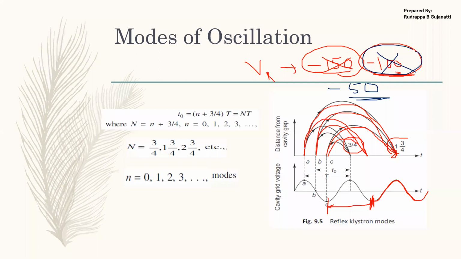So it traverses a much longer distance, it gets repelled and gets interacted at one point. Similarly, all the electrons traverse a little bit longer distance as compared to the previous one, and then they get interacted at the other point. So here what is happening? Bunching can occur here. So here we can observe that bunching can occur from this point to this point.